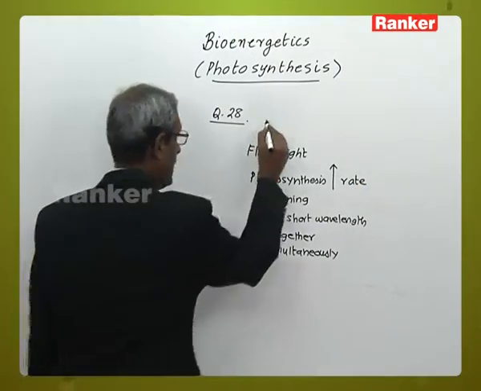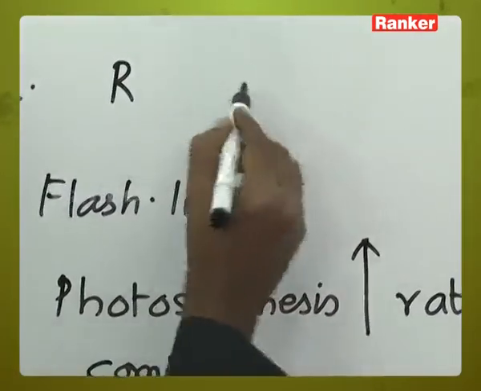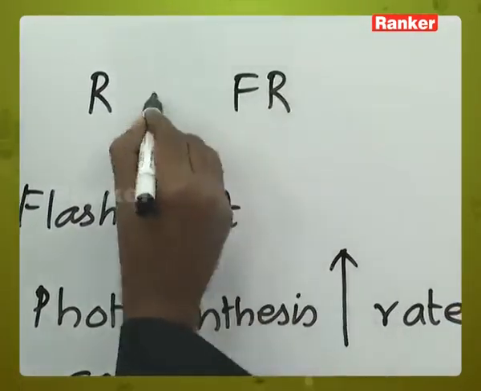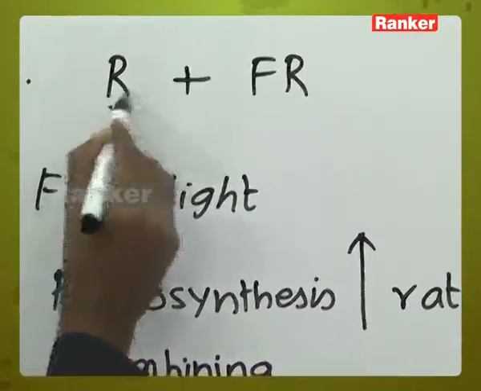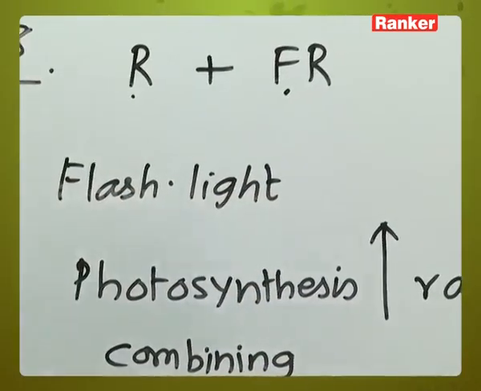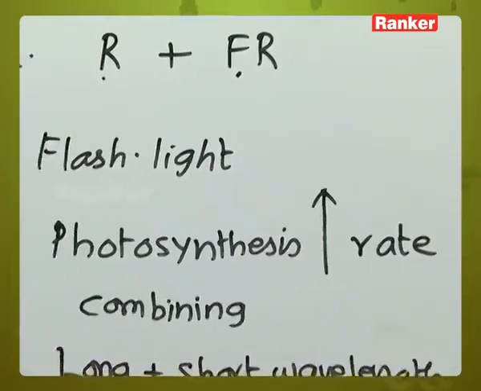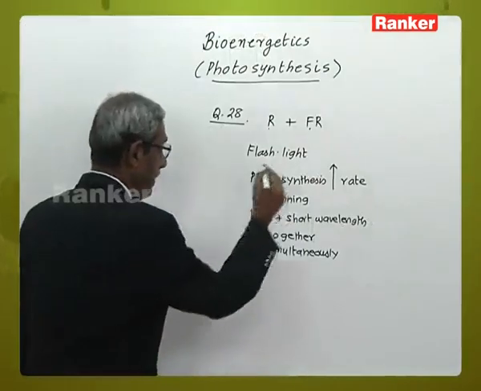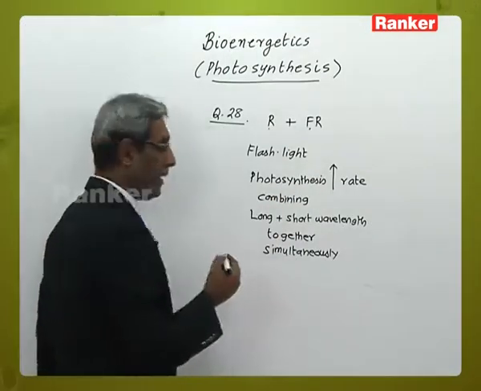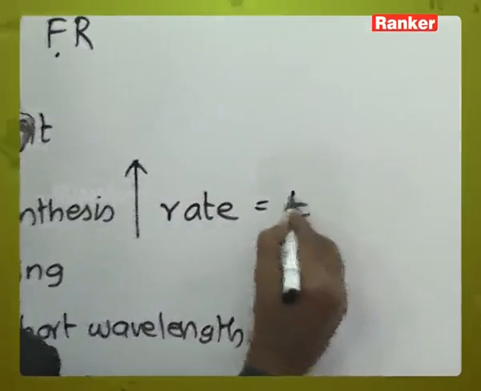If you take red light and far red light, in a flashlight it combines both red and far red light, and the photosynthetic efficiency rate is very much higher. Because the photosynthetic rate is very much higher, it is termed as enhancement.